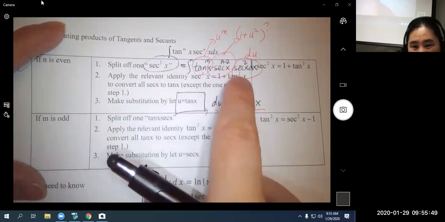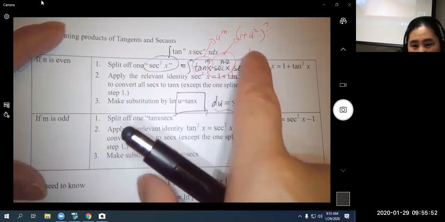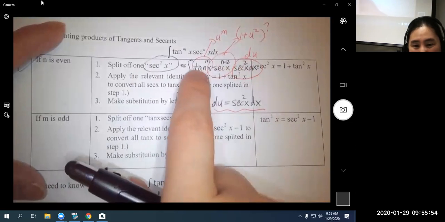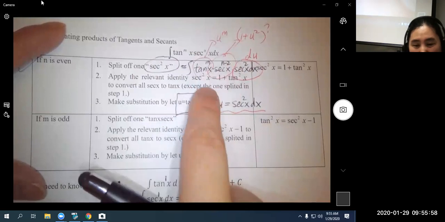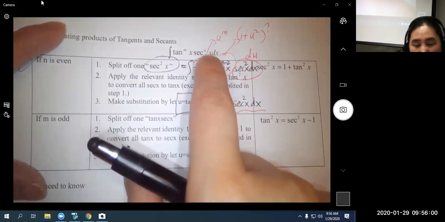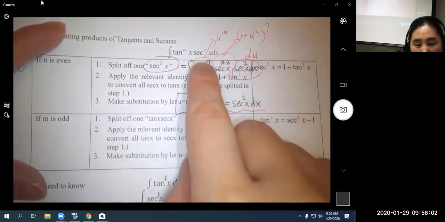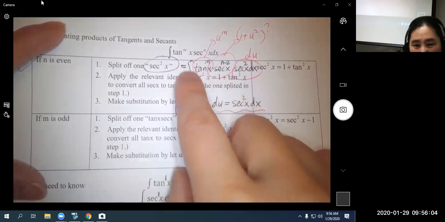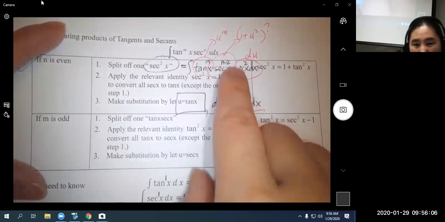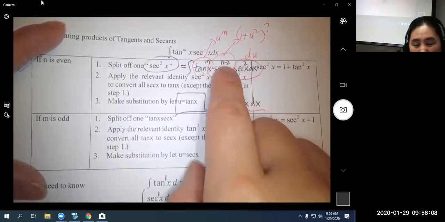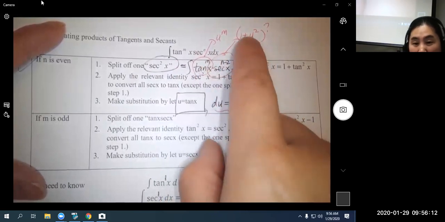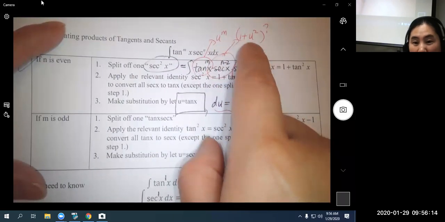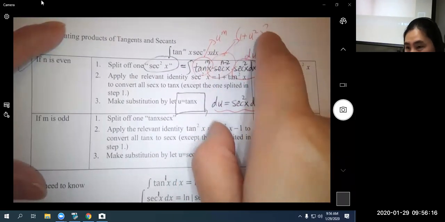Then secant x squared dx is du, and because u is tangent x, this part becomes u to the mth power. Everything is now in terms of tangent. Secant x to the n minus 2 power, where n minus 2 is also even, we can rewrite as 1 plus tangent x squared to a power.